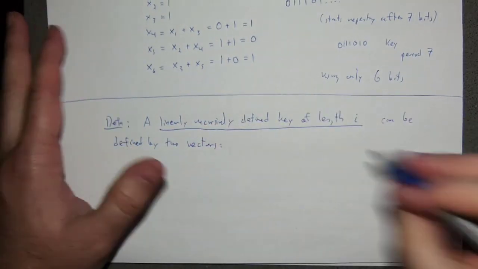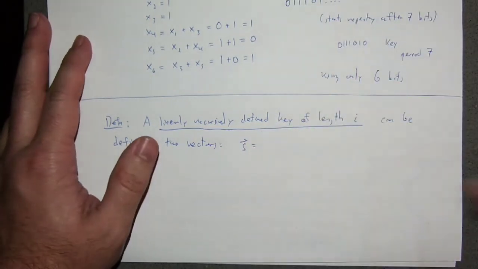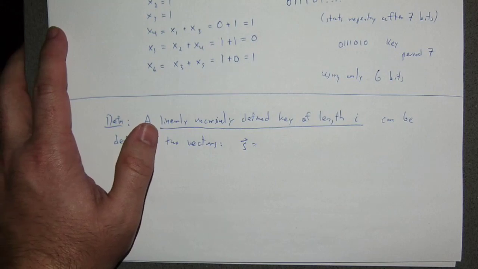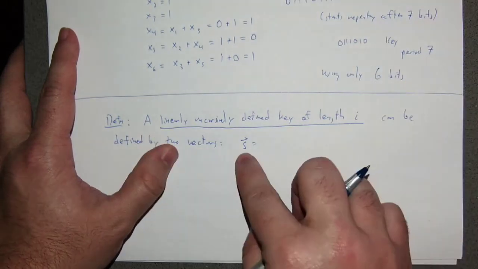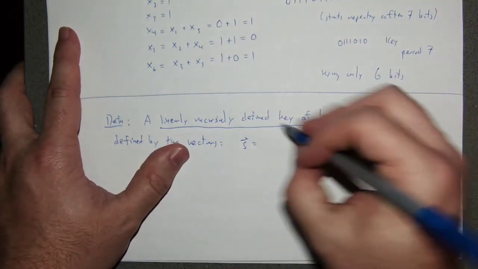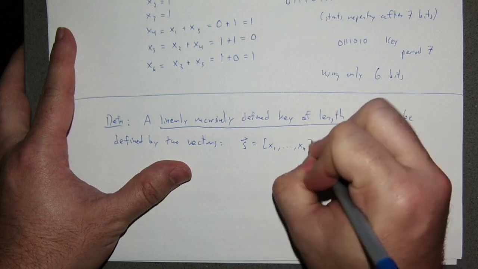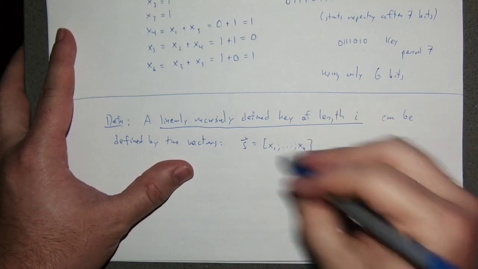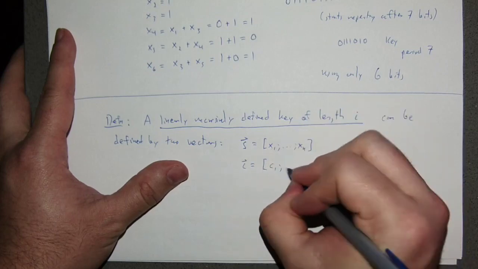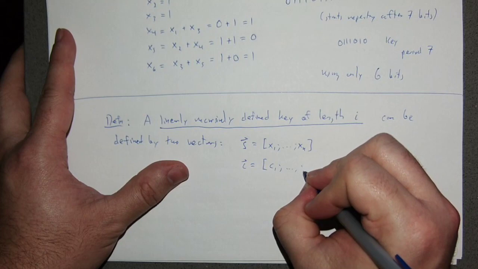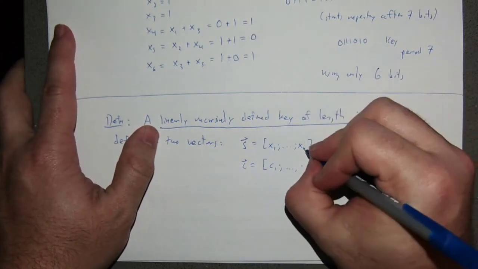So the 2 vectors in question are S, which is what I called x up here, and C, which is my vector c. S is the vector x sub 1 to x sub i; sorry, it shouldn't be x sub 1 to x sub n, it should be x sub 1 to x sub i.